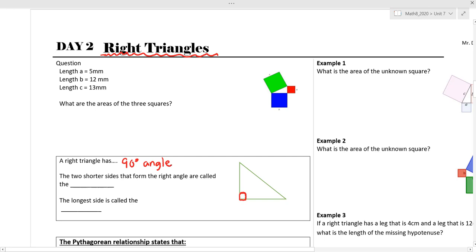Okay? Then we can label some parts on this triangle, right? The side that is directly across from that 90 degrees, if I draw a little arrow here, is the longest side of the triangle. It's always going to be the longest side of the triangle, right? This is called the hypotenuse.